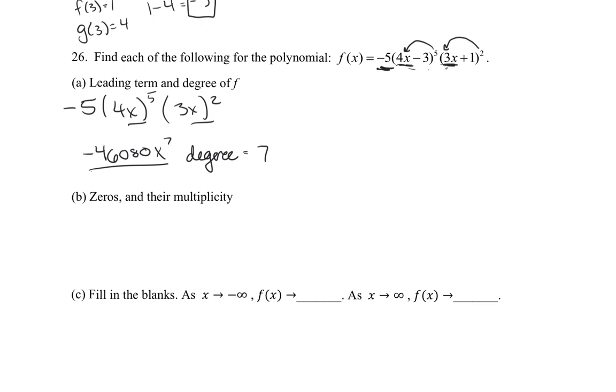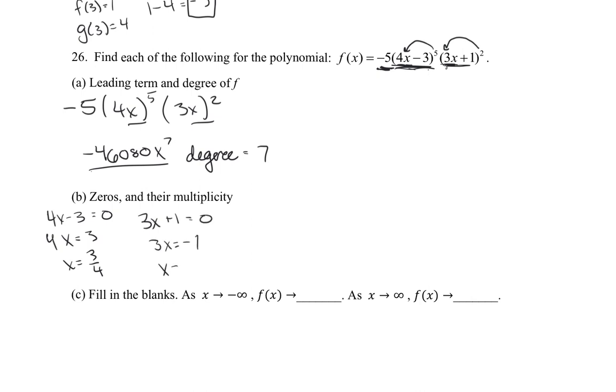Now the zeros and their multiplicity, so that's easy. We have them right here, already multiplied and factored for us. We can find 4x minus 3 equal to 0, so that happens at x equals 3/4, and 3x plus 1 equals 0.